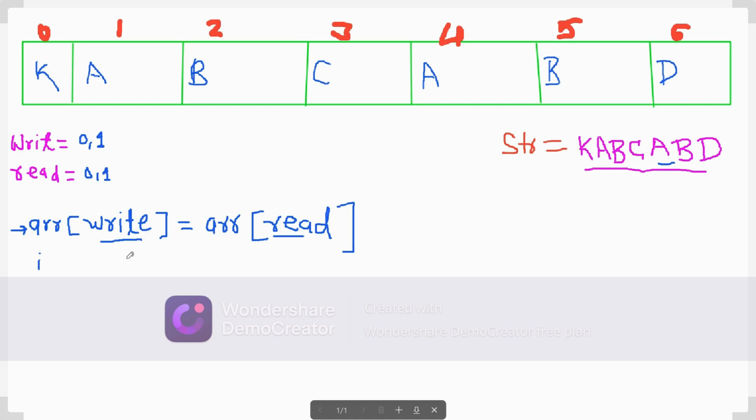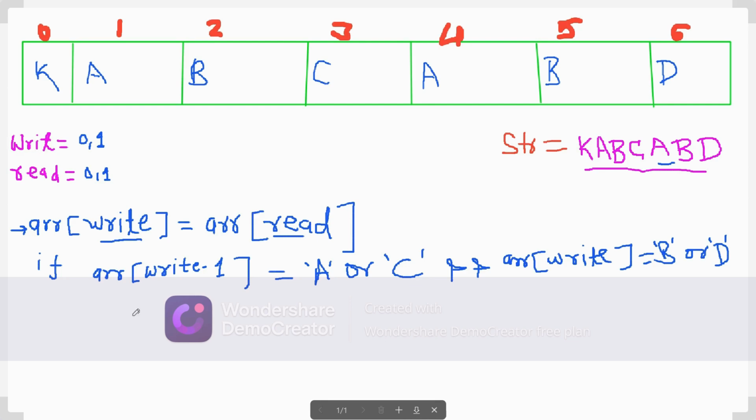Now we will go in array of write equal to array of read. Both of them are indicating to C only. So this is already C, so no problem. Now we will again try to check whether at write minus 1 and write, it is making AB or CD. So what we have to do is look for the character sitting at write minus 1. First of all we are looking at whether write minus 1 is either A or C, because we are looking for AB or CD.